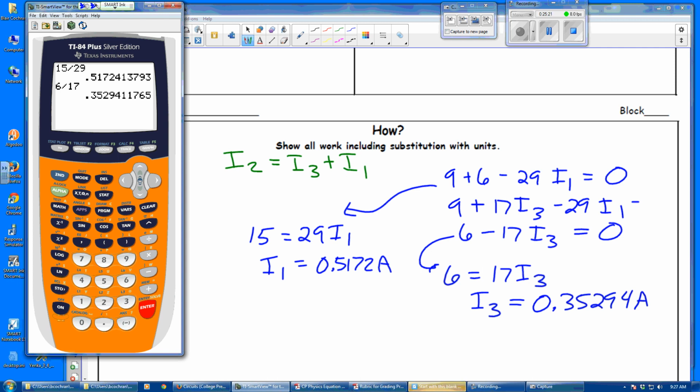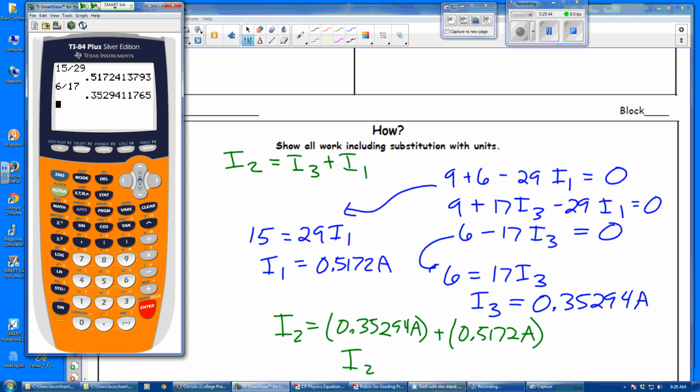So now I need to do the green one for I2. So I2 equals I3, 0.35294 amps plus 0.5172 amps. And I get I2 is 0.8702 amps.